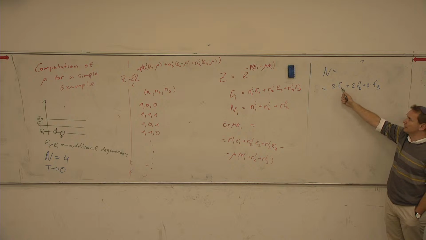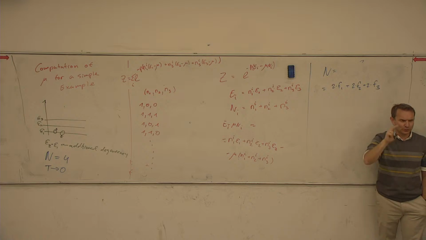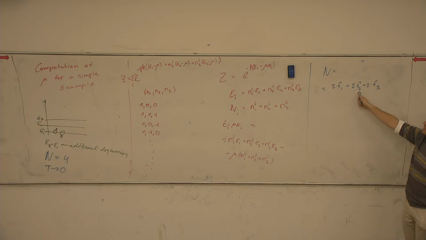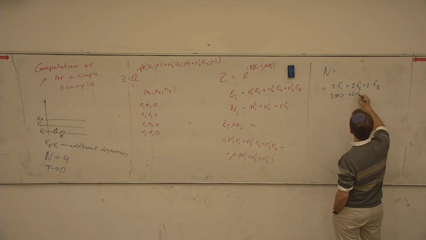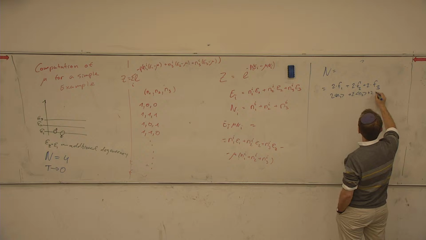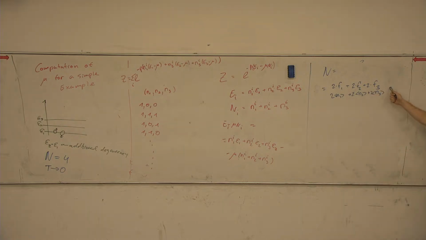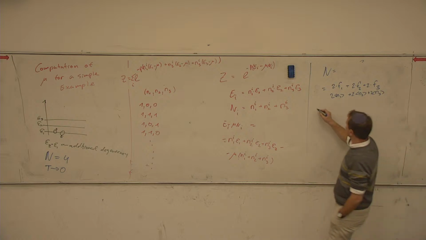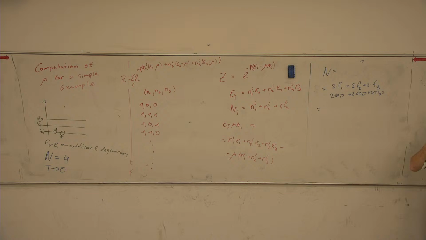If it's 1, this is f1 multiplied by 2. Why? Because we have a degeneracy of 2, spin up and spin down. The same goes for the second level, and the same goes for the third level. So this is basically 2 and 1 average plus 2 and 2 average plus 2 and 3 average. This is the expression that's written over here. Why is it 2? Because we have spin up and spin down.